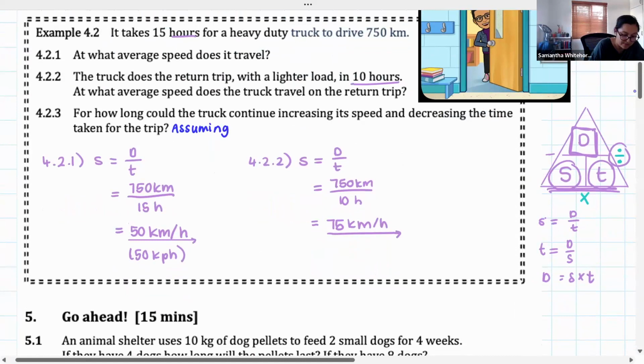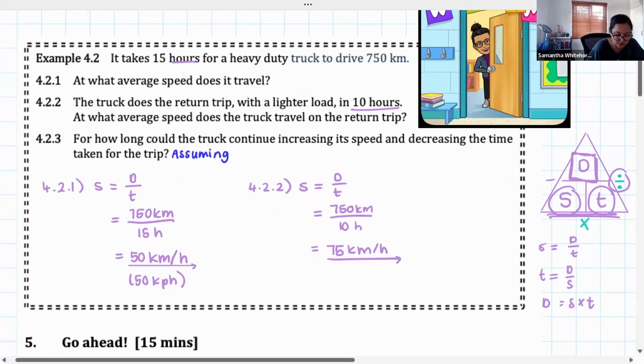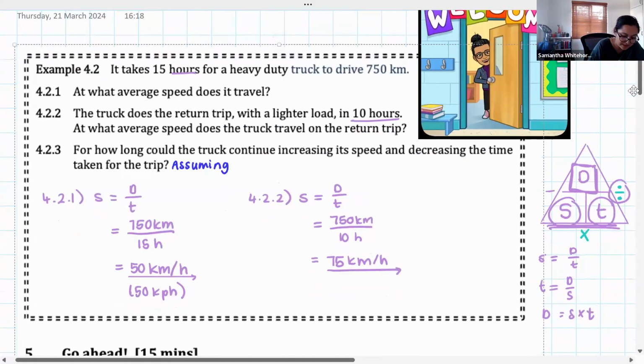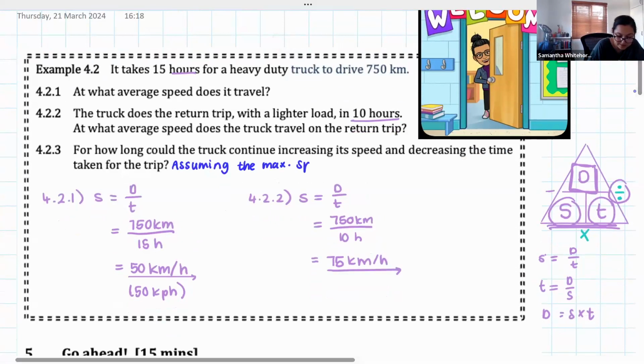My pen is just fighting with me at the moment, so if it does weird things, we're just going to ignore it. Assuming the max speed of the truck is 100 kilometers per hour.